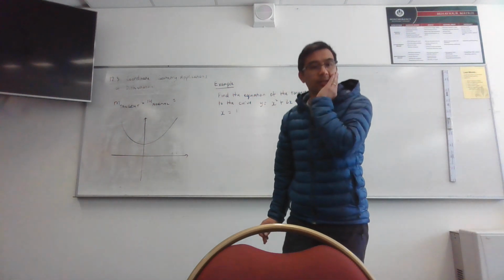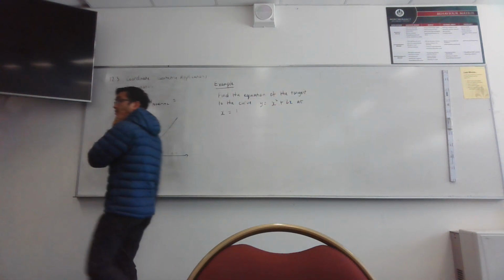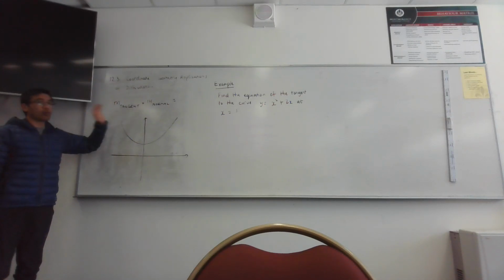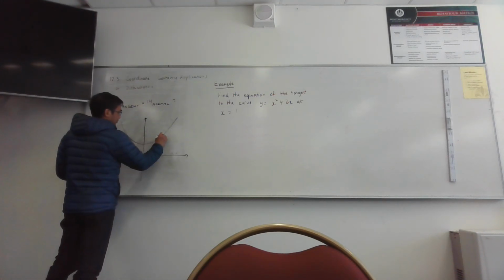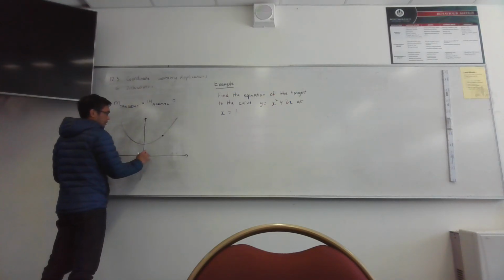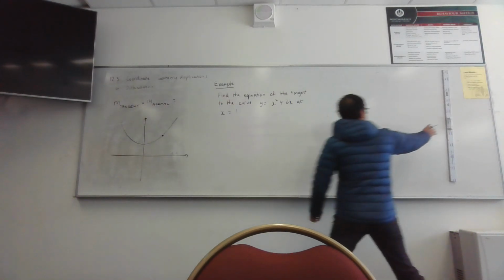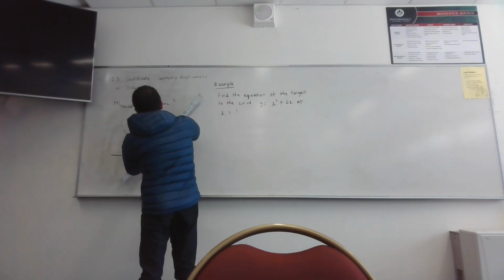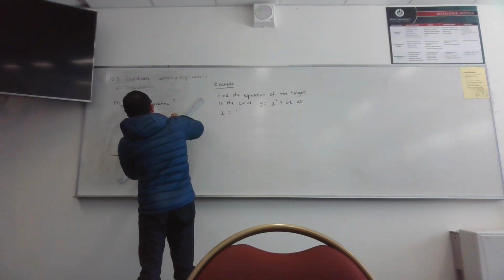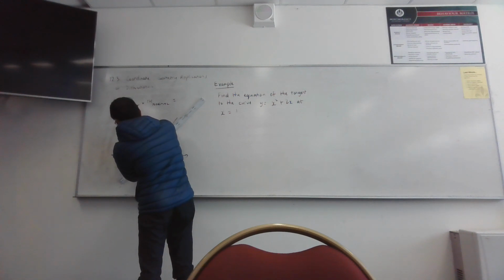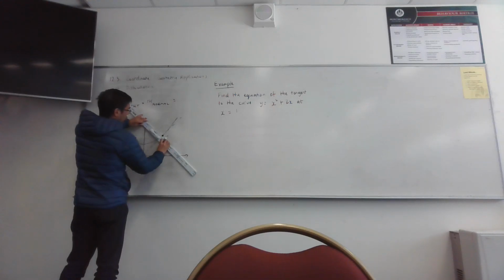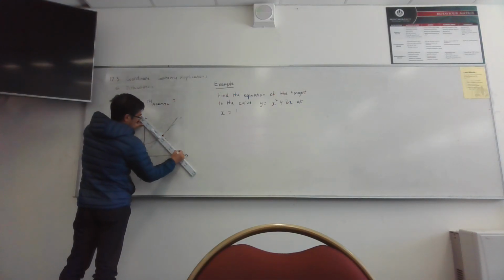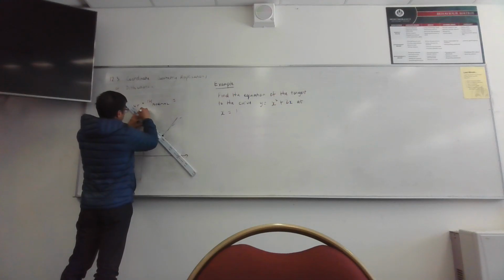Today, 12.3: if I multiply the gradient of one tangent with the gradient of a normal, for example, if I just pick any point here and then I place my tangent across like that, it kisses the curve, and our normal is 90 degrees to that.